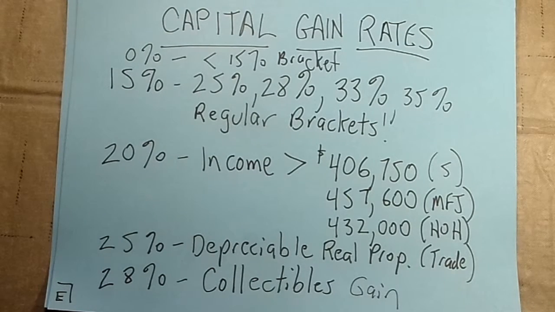So then taxpayers that have moderate to upper income and are taxed at 25%, 28%, 33%, or 35% find their capital gains taxed at 15%.